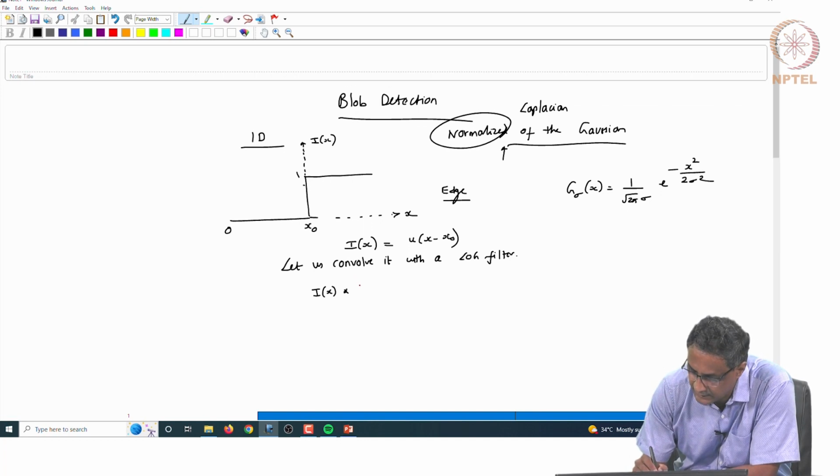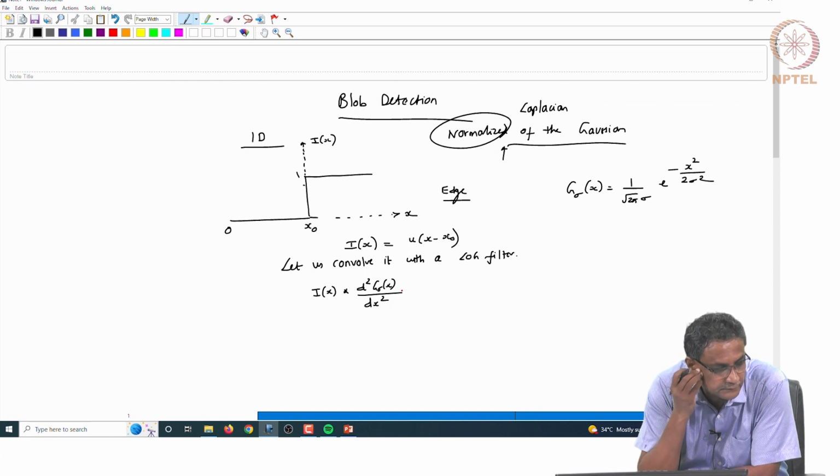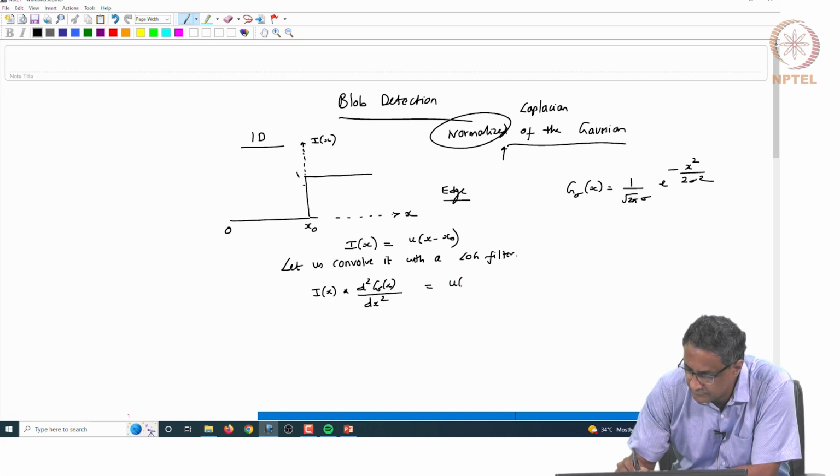Then a LoG will be d square g sigma of x by dx square, a double derivative of the Gaussian. So this is nothing but U of x minus x naught convolved with d square g sigma of x by dx square.